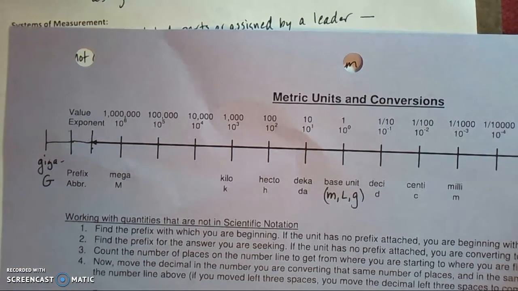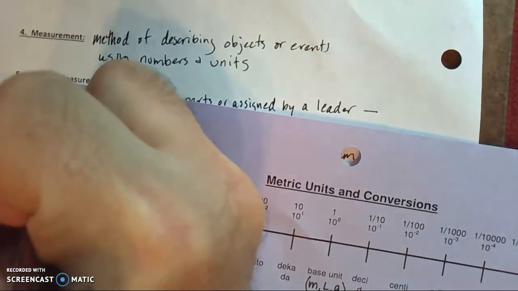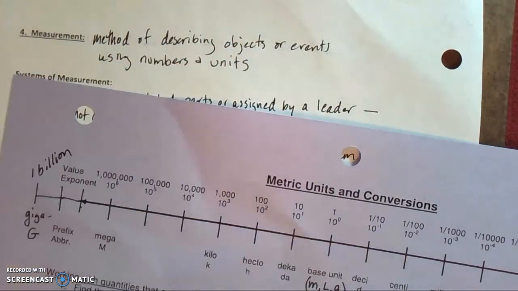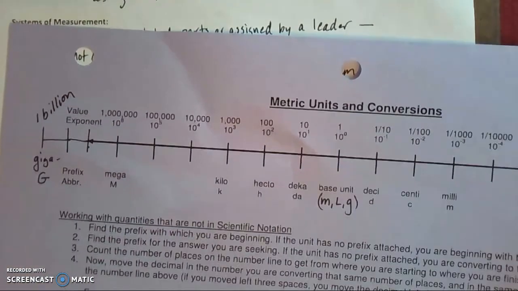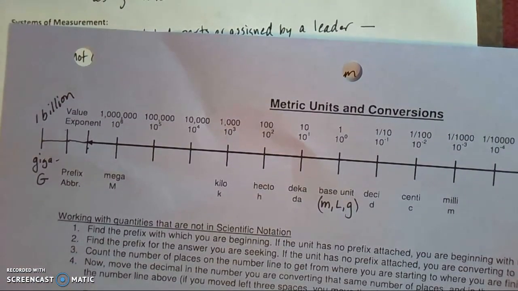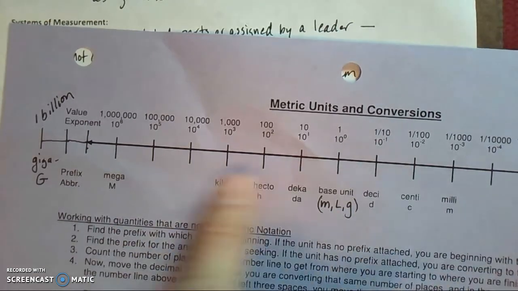Those actually have values. So a byte would be a base unit. So a gigabyte is 1 billion bytes or pieces of information. So this is 1 billion. I want to put that up there. Our next video is going to look at how we can convert using this chart.